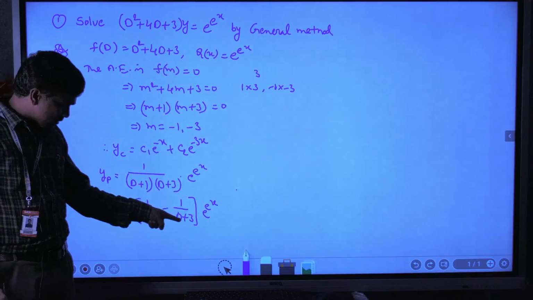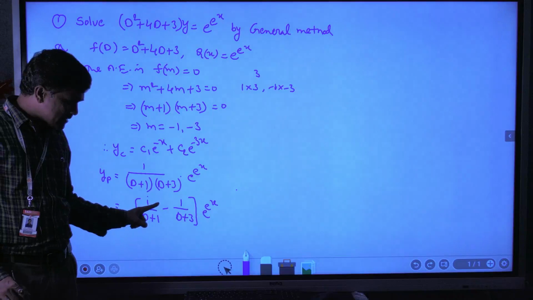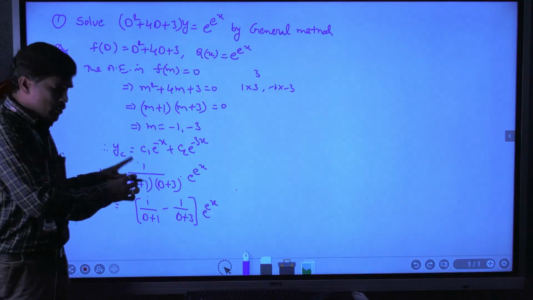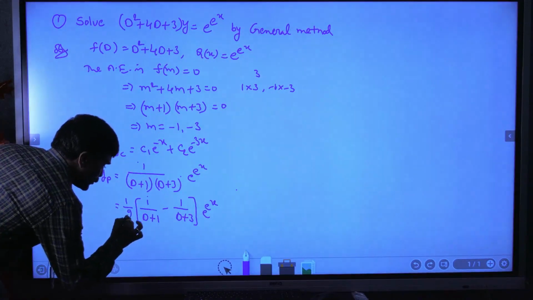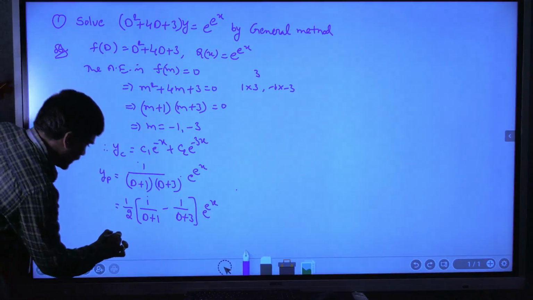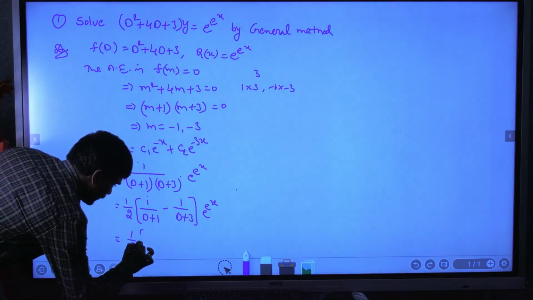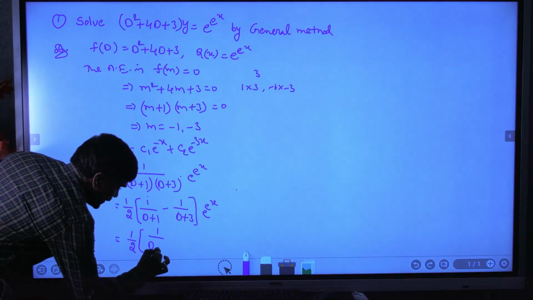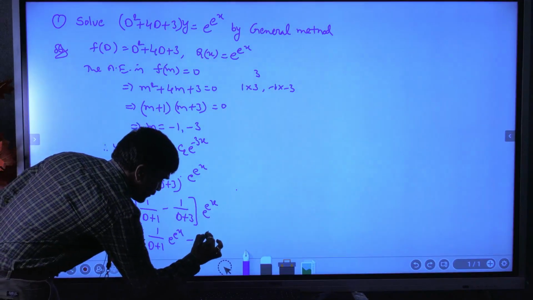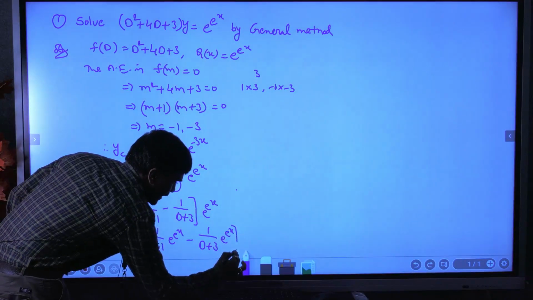Now after simplifying, D plus 3 minus D minus 1, the D's cancel, 3 minus 1 is 2. Here we get a numerator 2, but we have only 1, so write 1 by 2. Now it is equal to the above expression. So this is 1 by 2 times 1 by D plus 1 e power x minus 1 by D plus 3 e power x.